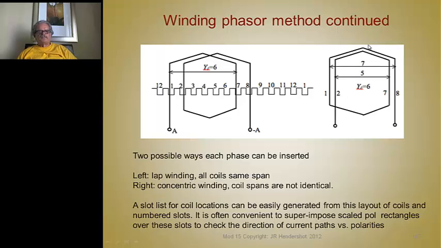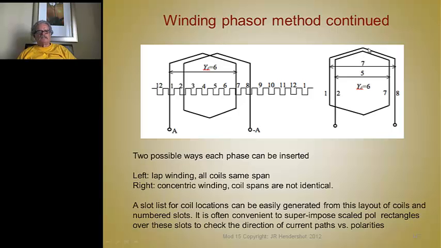This pattern here can be machine inserted, because you could put a smaller coil inside the larger coil, and the finish of the smaller coil is of course connected to the start of the larger coil, or vice versa, so that you can insert both of these coils at once with automatic insertion equipment, because the one coil is inside the other, and the resistance per phase is no different.